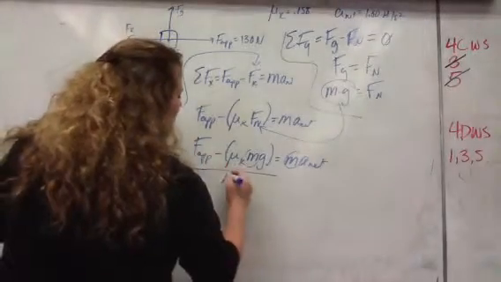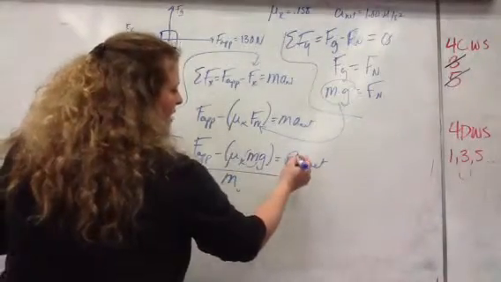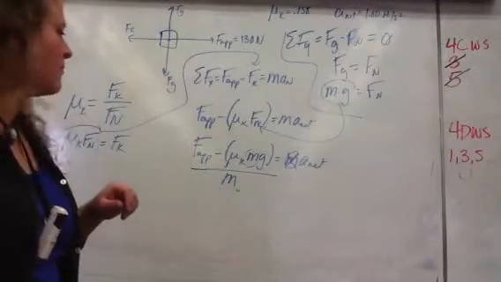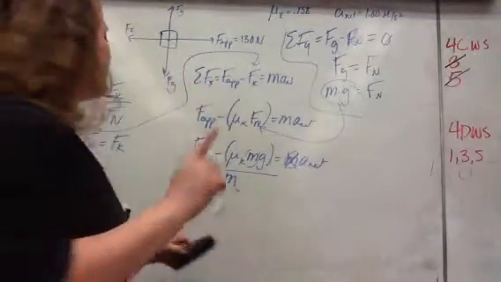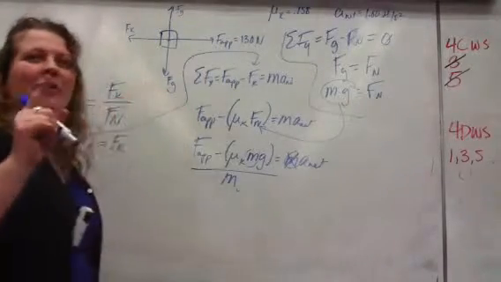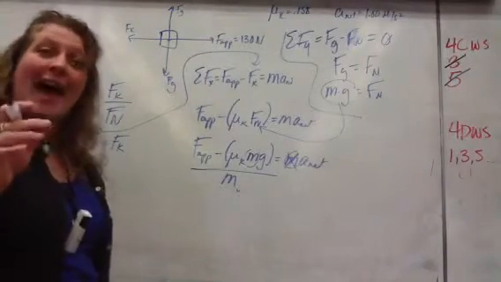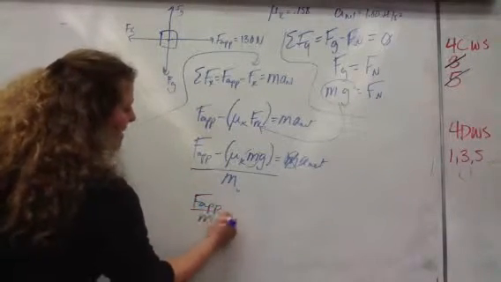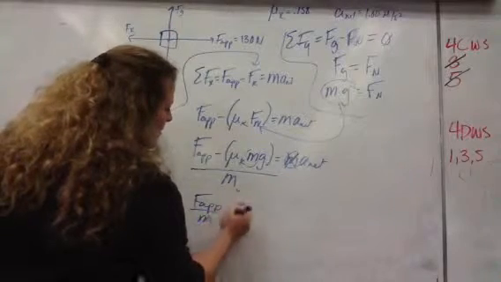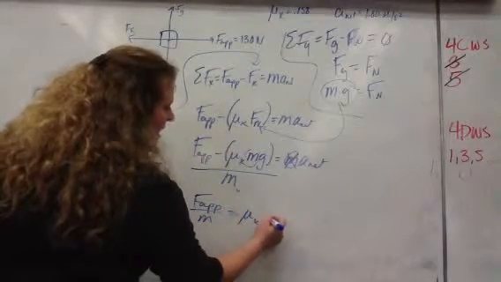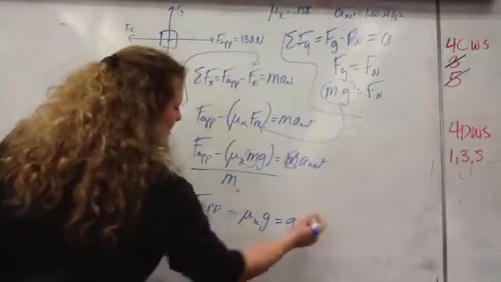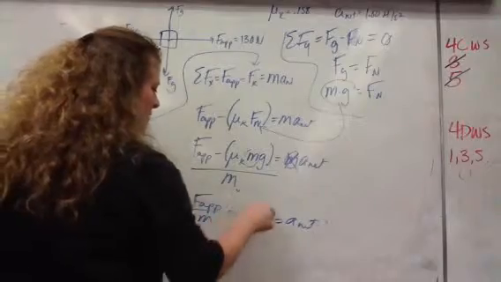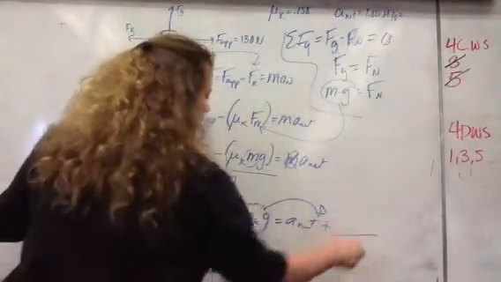If we divide this whole side by mass, getting rid of that. Then I have F applied divided by mass minus mu k g equals a net, and then I basically took this over here and added it.